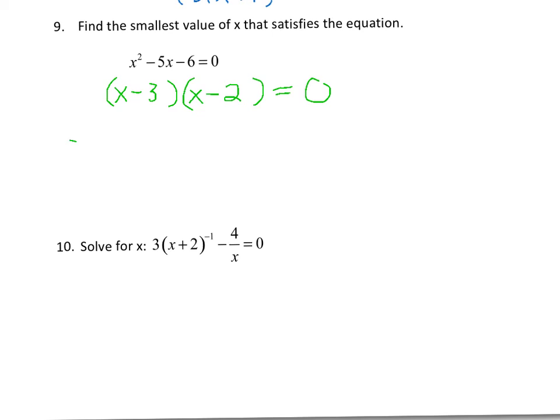So the quadratic formula is x equals negative b plus or minus square root b squared minus 4ac all over 2a.